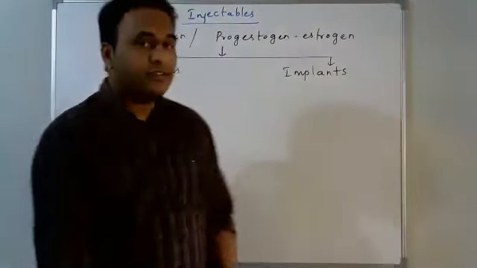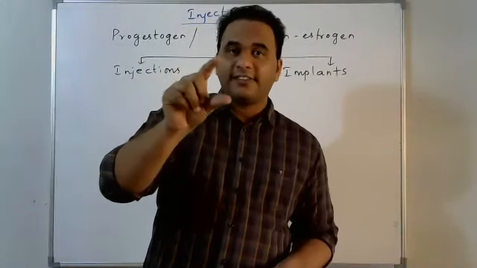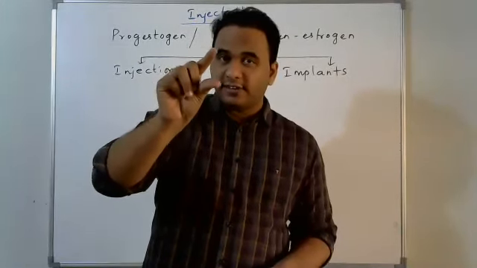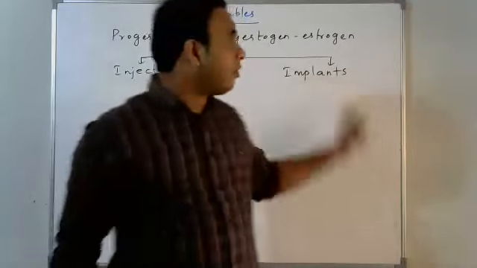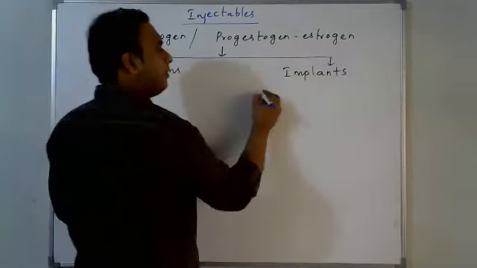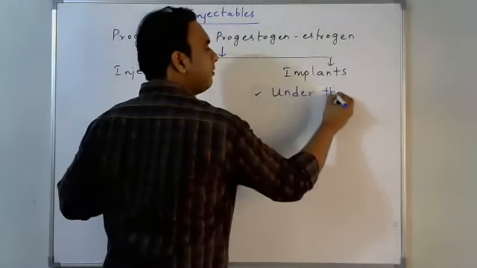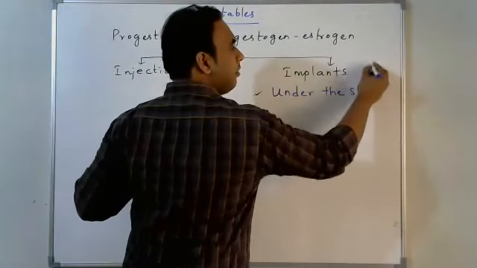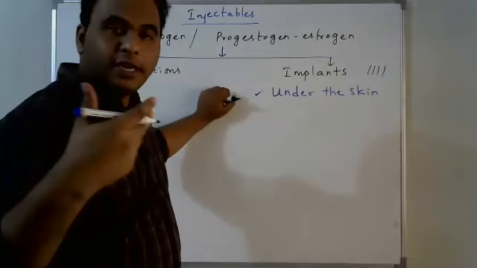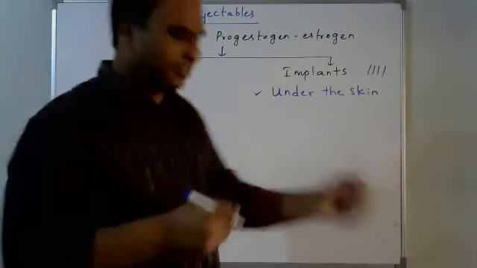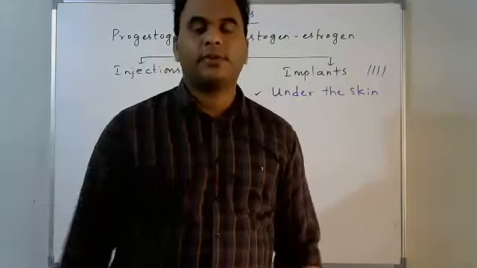And implant means these are specialized matchstick-like structures. They look like matchsticks. With a simple surgery, they will be kept under the skin. They are called implants. The skin layer has to be opened, and these implants will be kept under the skin.